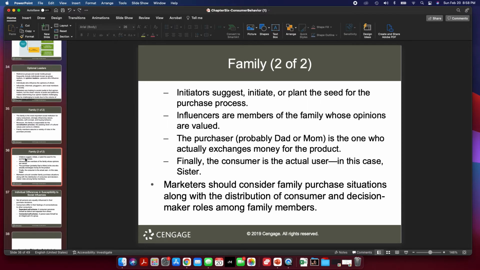Initiators suggest, initiate, or plant a seed for the purchase process. Influencers are members of the family whose opinions are valued. The purchaser, probably mom or dad, is the one who actually exchanges money for the product. And finally, the consumer is the actual end user. Marketers should consider family purchase situations along with the distribution of consumer and decision-making roles among family members.